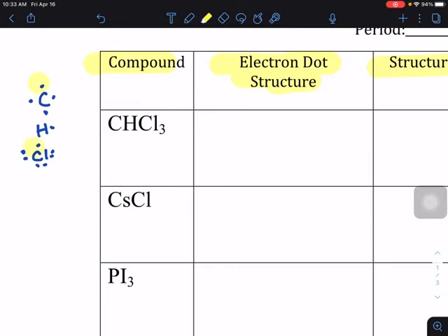Whereas carbon has 1, 2, 3, 4 single dots, and hydrogen also only has 1 single dot. So carbon is going to be the one that goes at the center of our electron dot structure because it has the most single dots. Group 14 with 4 single dots, whatever the element is always going to be at the center because that's the most that it can have is 4.